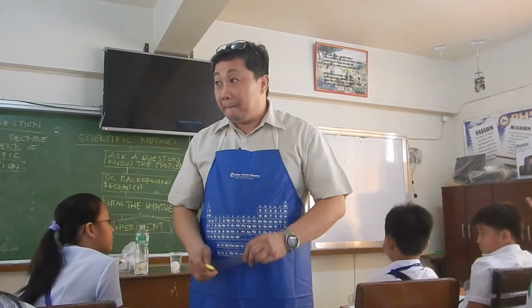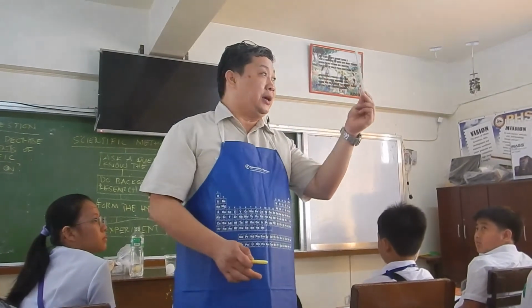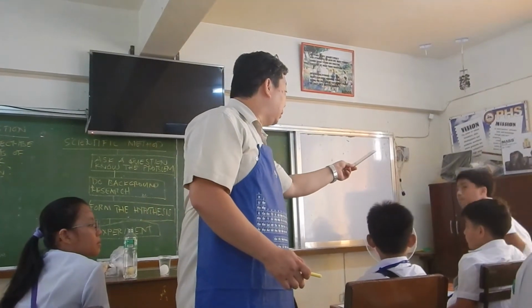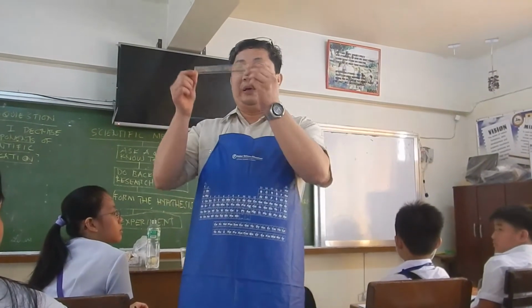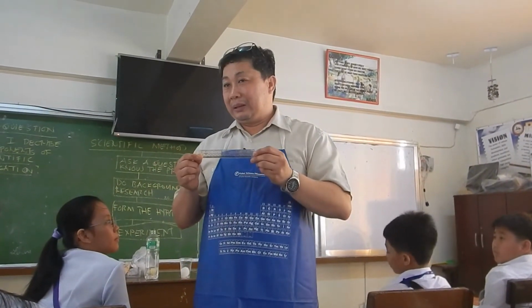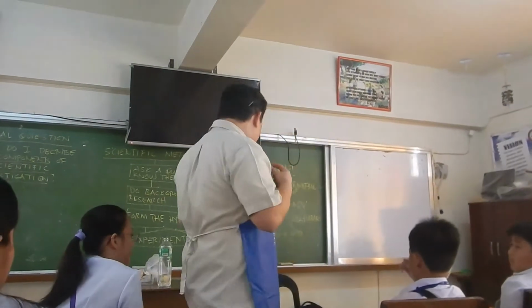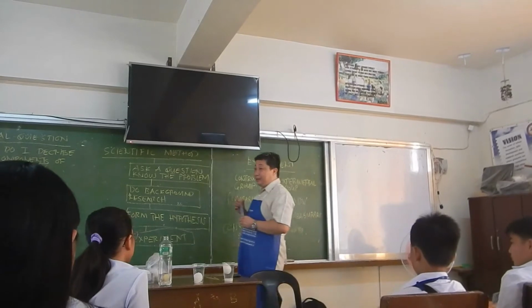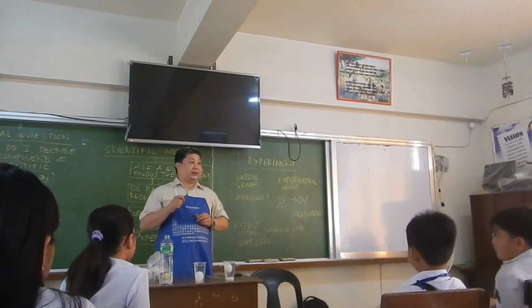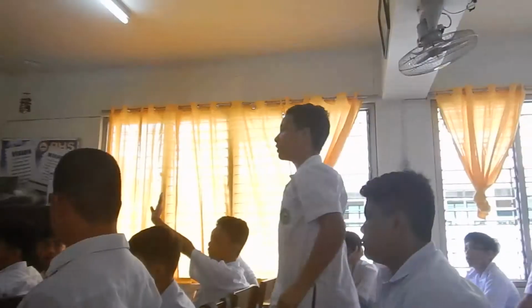So how can we measure the dependent variable? By using a measuring tool, and in this case, we'll be using a ruler. Okay? Now, at the beginning, where was the egg before the addition of the independent variable? Yes, at the bottom.